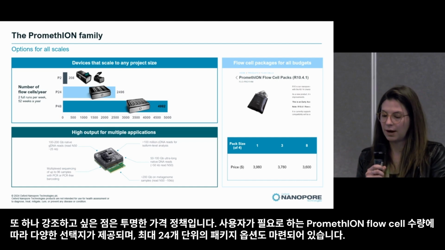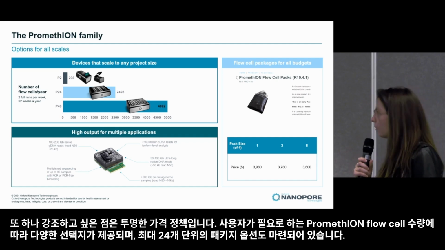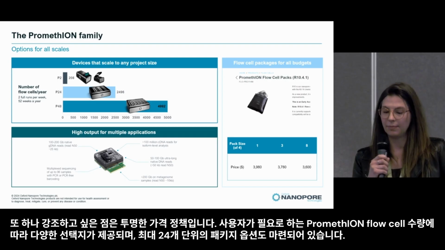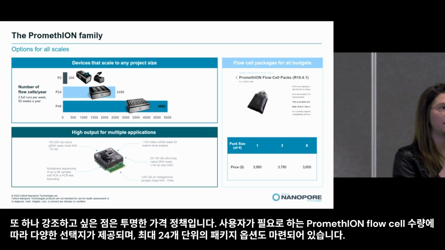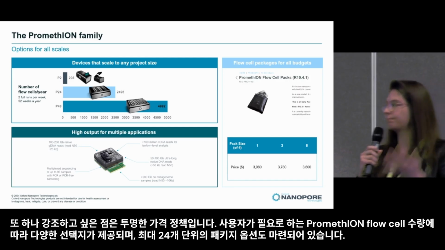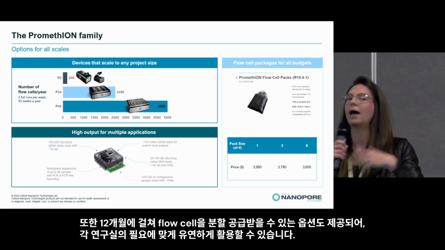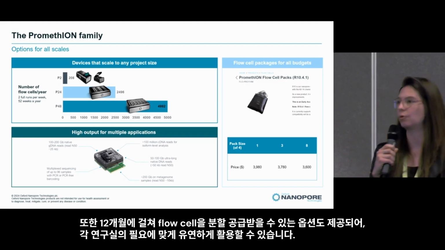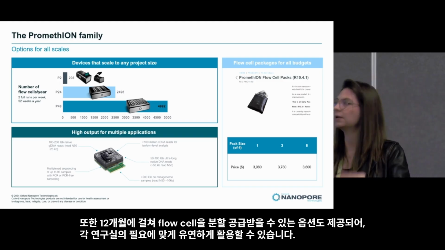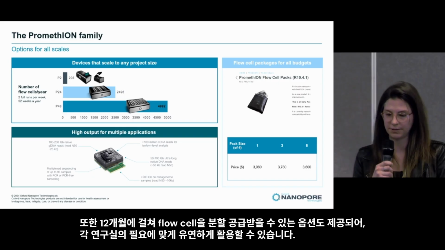The other thing I want to highlight is our transparent pricing options. There are options available for the number of flow cells that you'd like to receive. We have packs up to 24, and we have options to receive those flow cells over the course of a 12-month period in order to suit your specific needs.